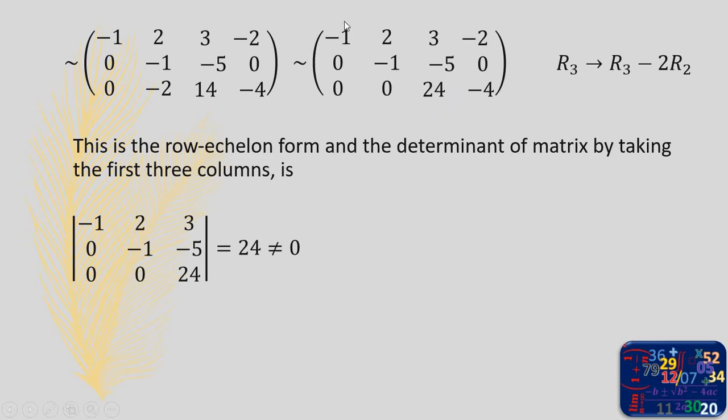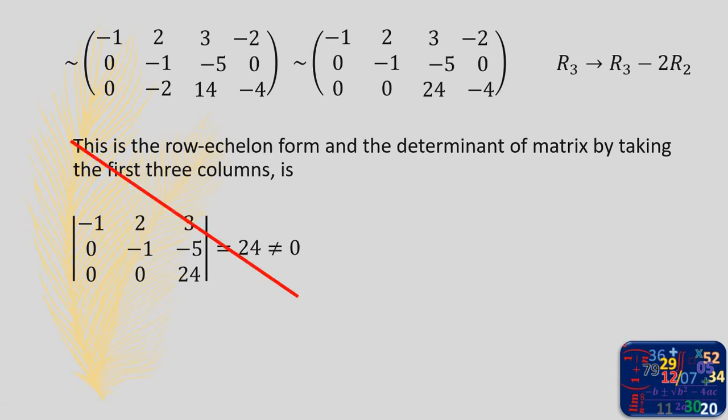The easy way to calculate is always to take the one with more zeros so that the calculation is easy. If I take columns 1, 2 and 3, this is a triangular matrix. In this case, if I multiply the principal diagonal elements, I will get the determinant value. That means minus 1 multiplied by minus 1 multiplied by 24. The answer is 24, which is not equal to 0.